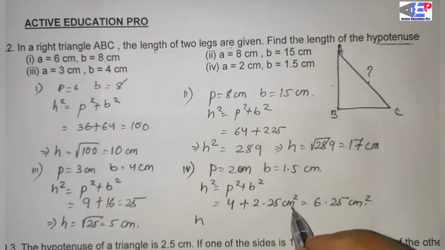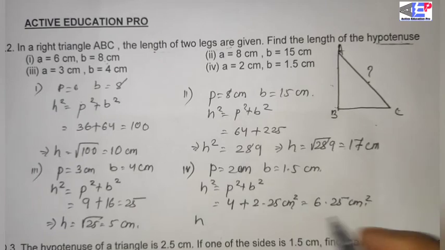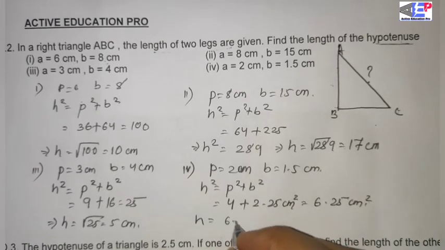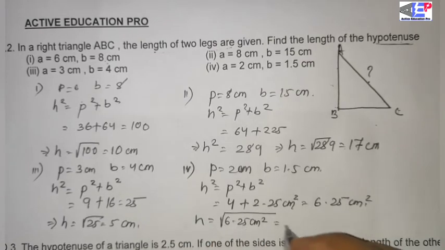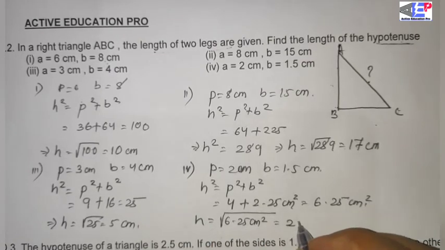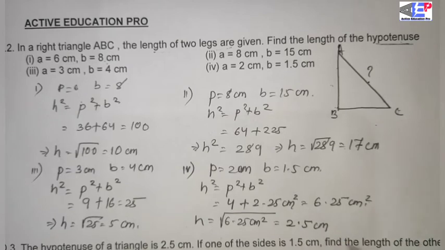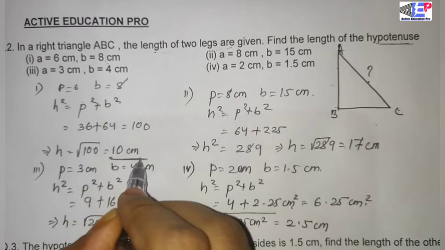I write the unit at the time of solving, so it will be centimeter square. Then H is equal to square root of 6.25 centimeter square, it will be 2.5 centimeter.